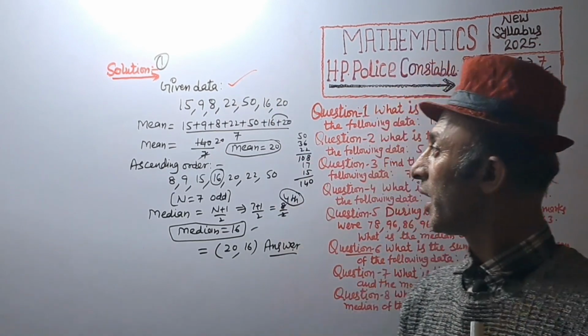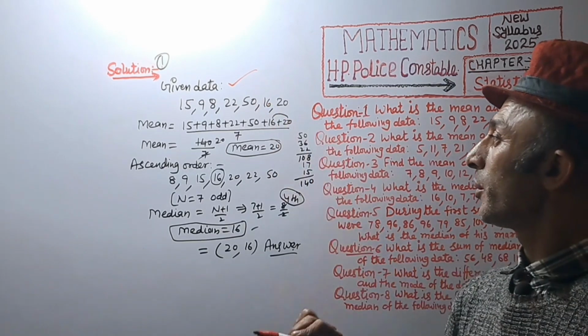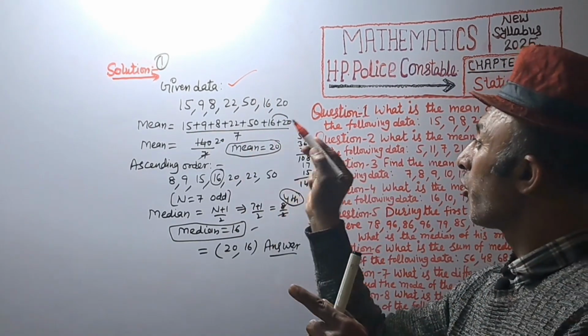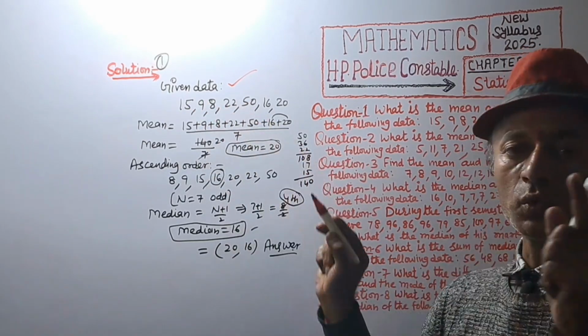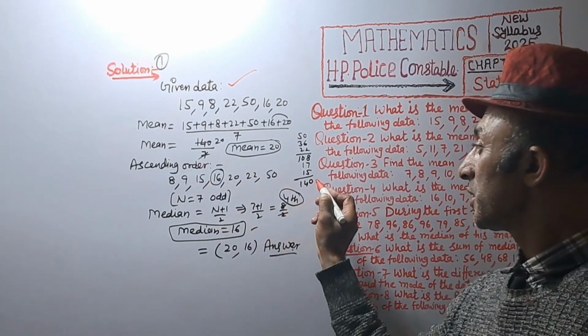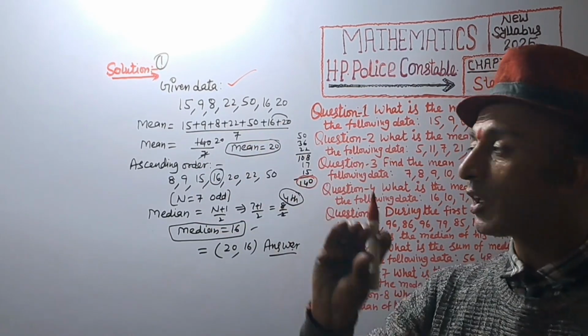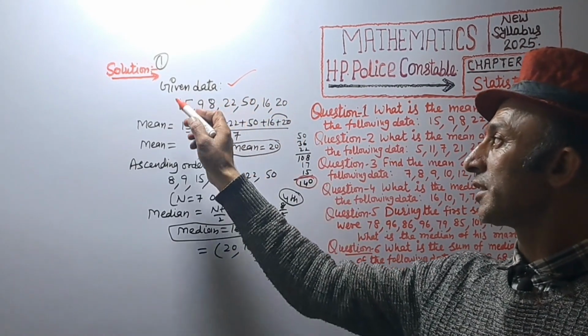We have given data 15, 9, 8, 22, 50, 16 and 20. Mean is equal to the sum of numbers, that is 15 plus 9 plus 8 plus 22 plus 50 plus 16 plus 20. Their sum is equal to 140, divided by the total number of observations, that is 1, 2, 3, 4, 5, 6, 7.